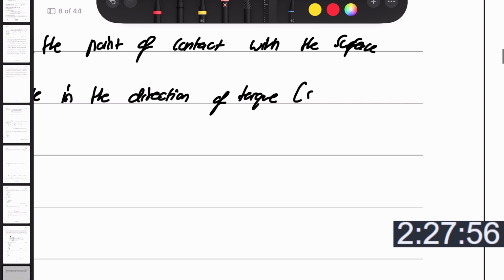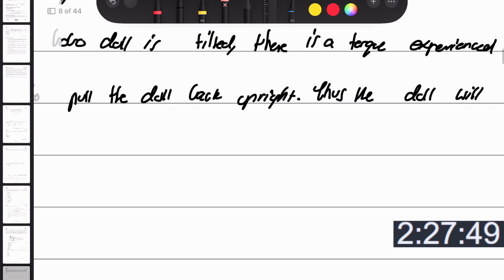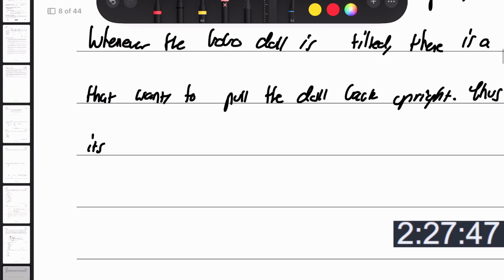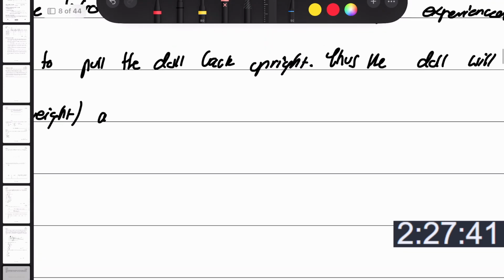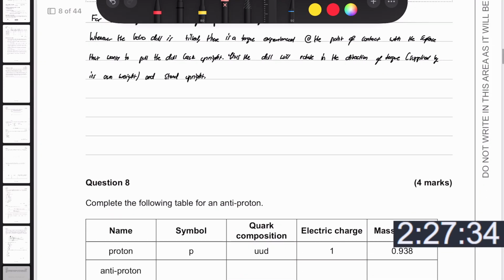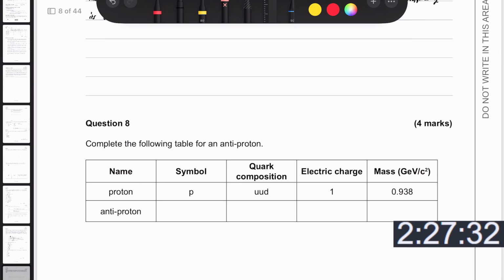Or I should say supplied by its own weight. And stand upright. That's probably a terrible explanation, but we've got to get moving.